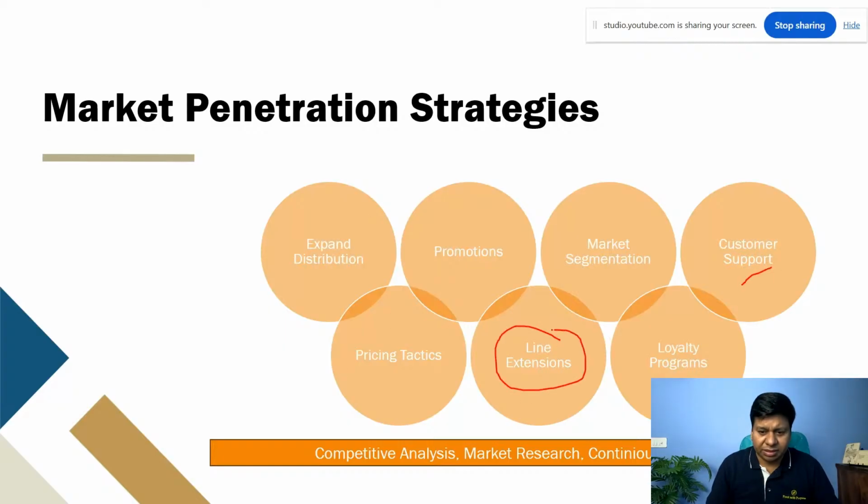Sorry, this is line extension. Product line extension is a very important aspect. Let's take an example of a product, Colgate. Most of the products of Colgate are solving a common purpose, cleaning the teeth, right? There are certain variants which claim things like sensitive teeth and the other stuff.